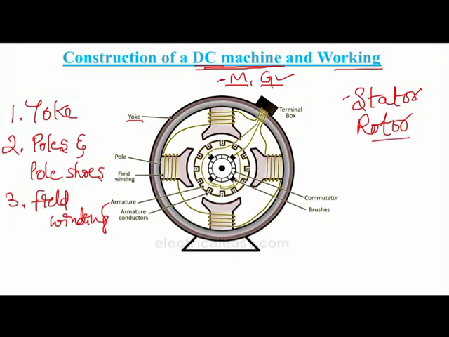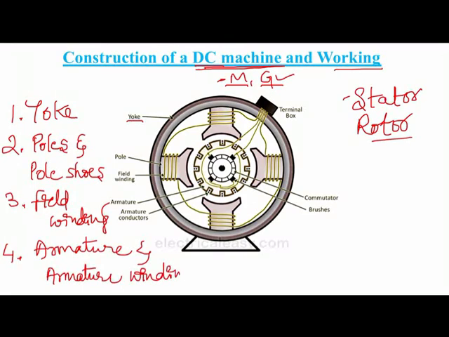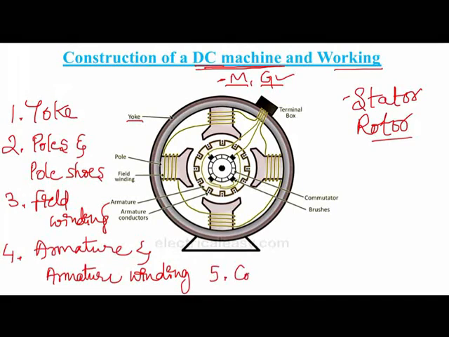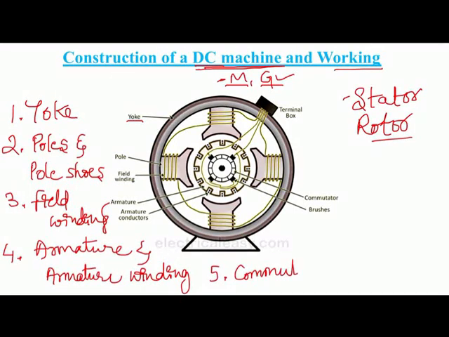In the rotor part we have the armature and armature winding, and lastly the commutator and brushes.